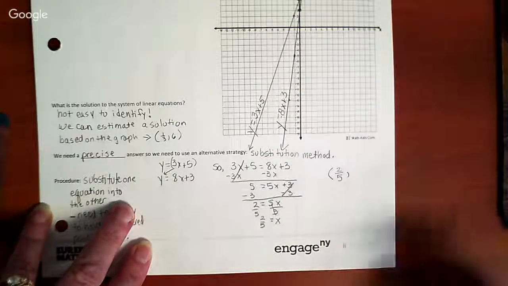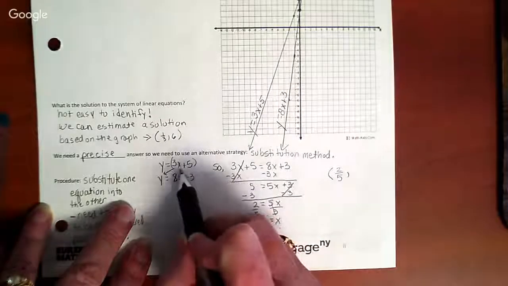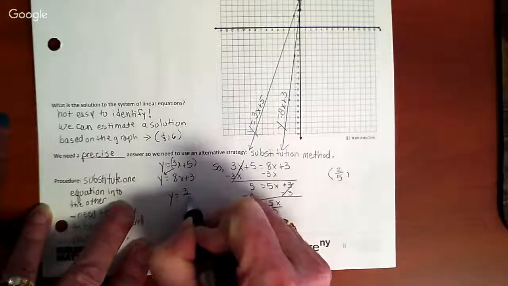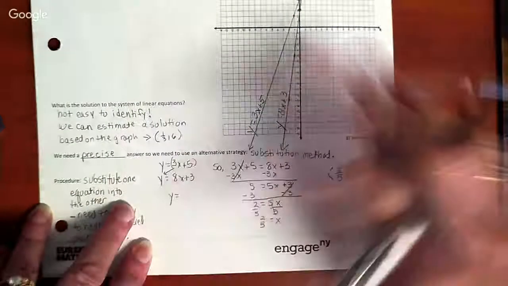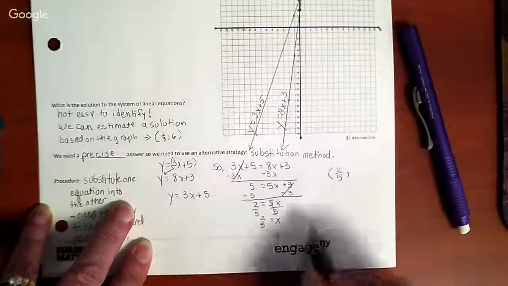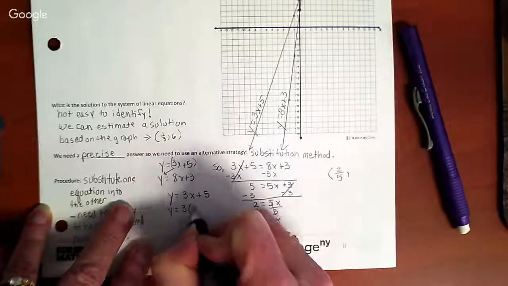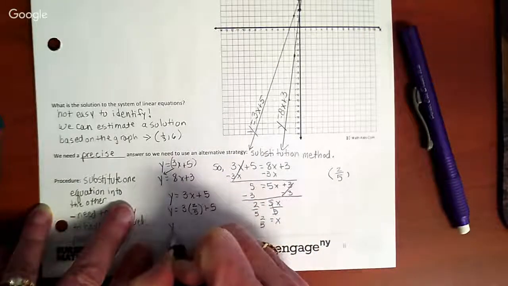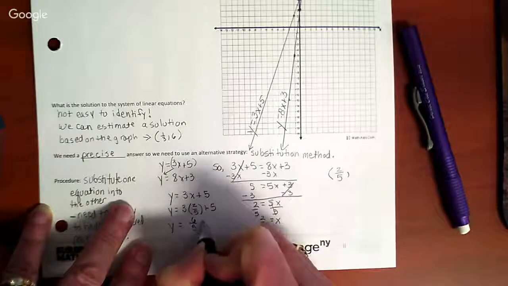Now we need to find our y value. So I'm going to substitute x into my equation here. So y equals 3x plus 5. Substitute in my x value. So y equals 3 times 2/5 plus 5. y equals 6/5 plus 5.